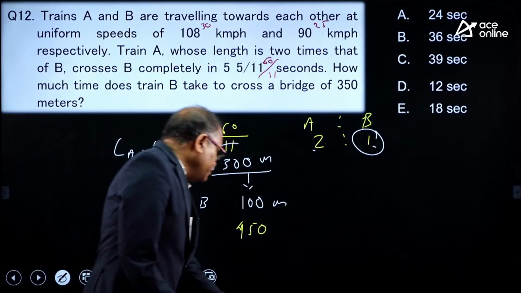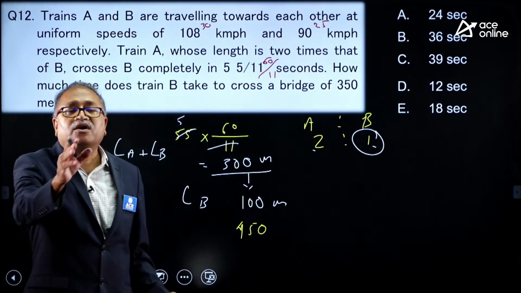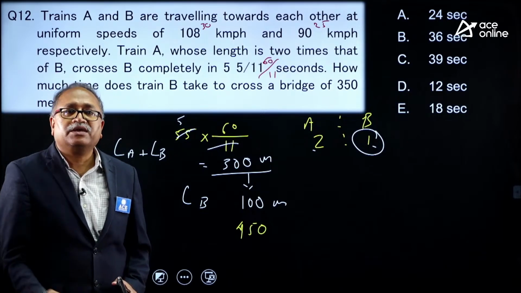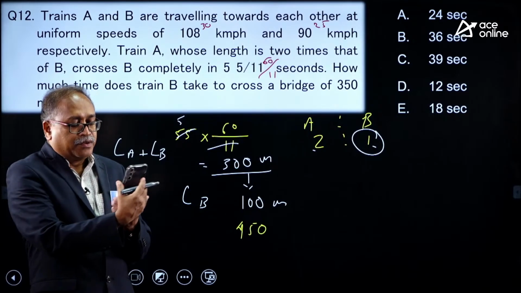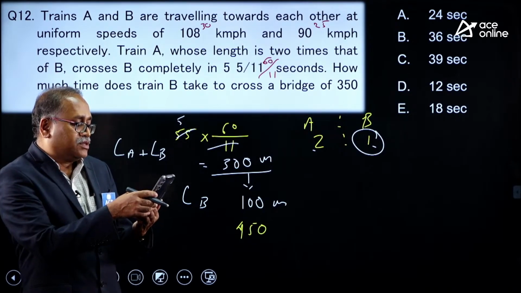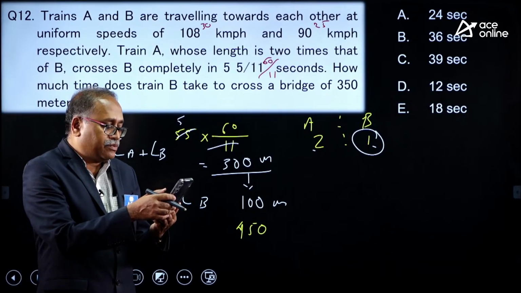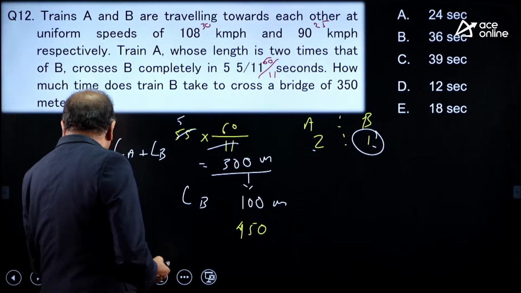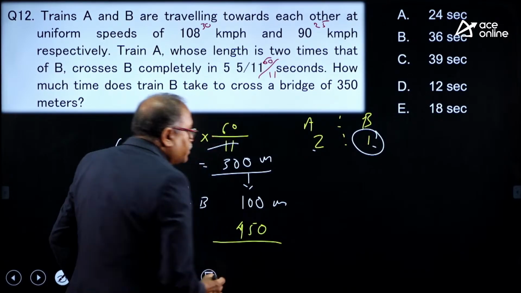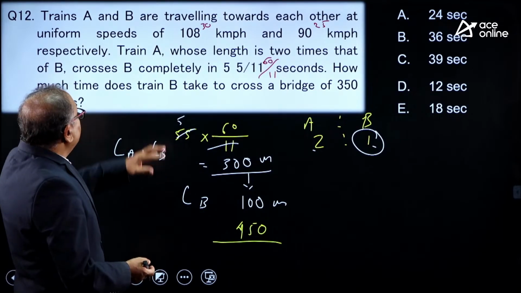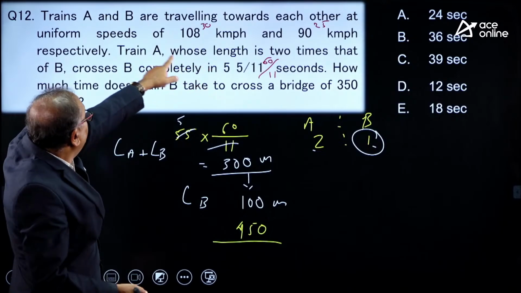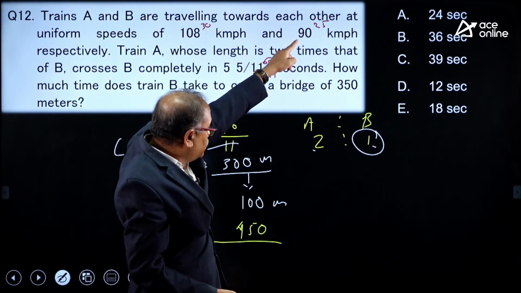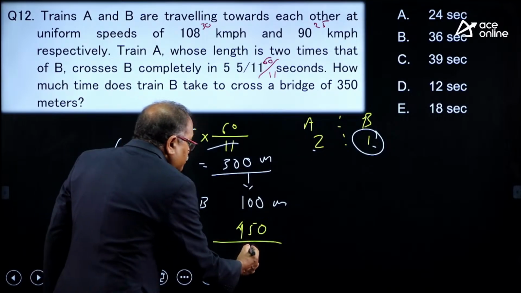Come on, answer the question, my dear friends. The only thing is the speed of B is given in kilometer per hour, convert that into meter per second. That is all. Some of you will definitely answer the question. I already gave you the total distance, divided by the speed of B. And what is the speed of B? A's speed is given and B's speed is given here, it is 25.